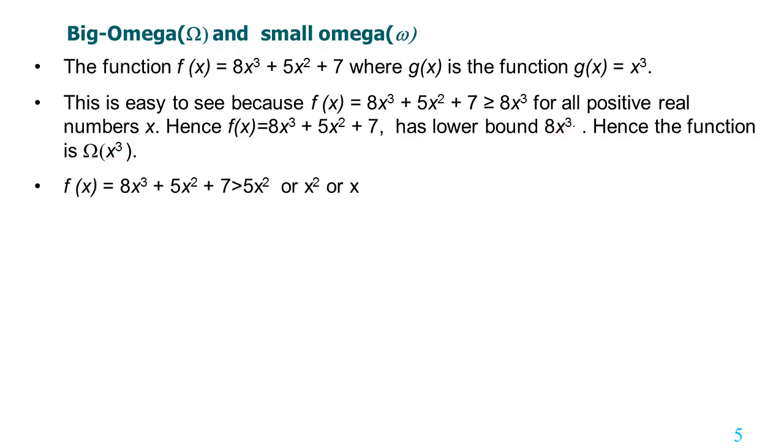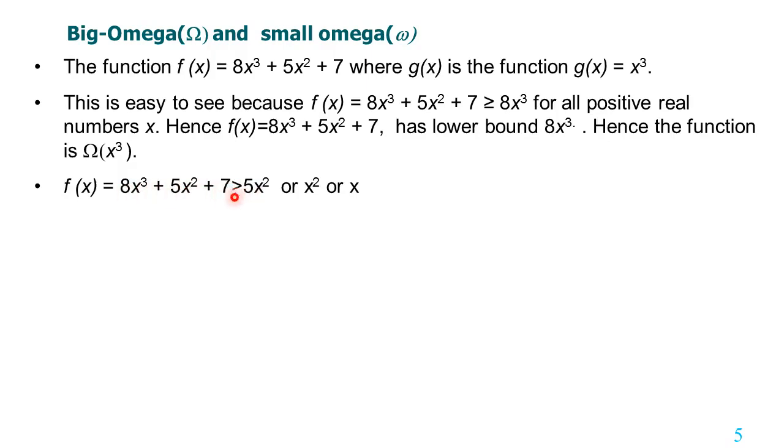Now 8x cube plus 5x square plus 7 has a number of lower bounds. That may be either 8x cube or 5x square or x square or x. Now if we consider x cube, then it may be greater than or equal to, but when you consider x square, it cannot be equal to.